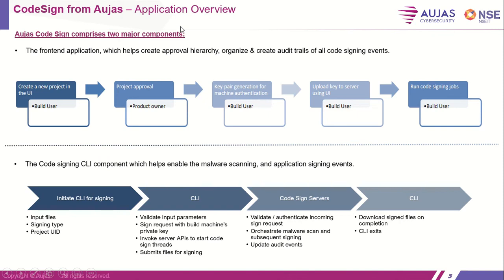Coming to the application overview, our August code signing has two major components. First one is the front-end application, which helps in creating approval hierarchy, organize and create audit trail of the code signing event.